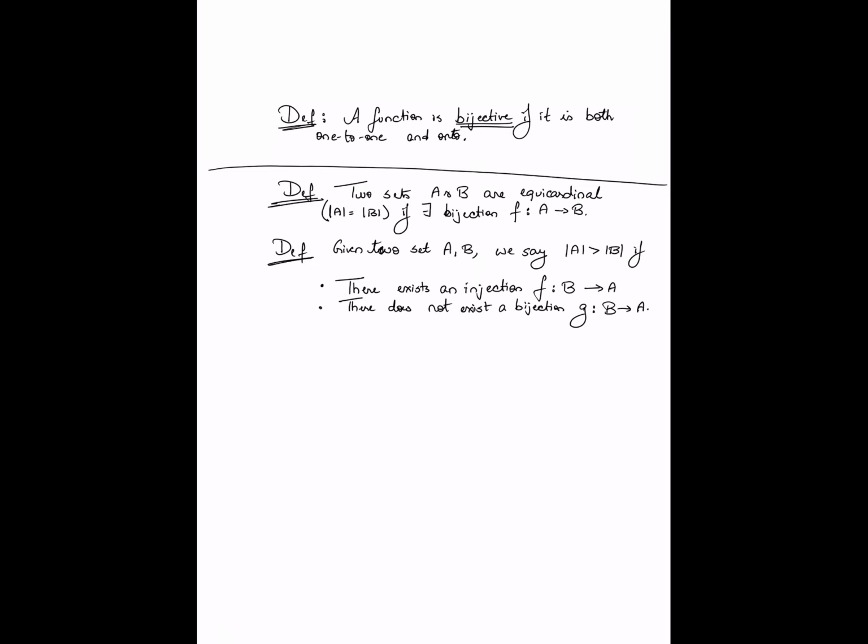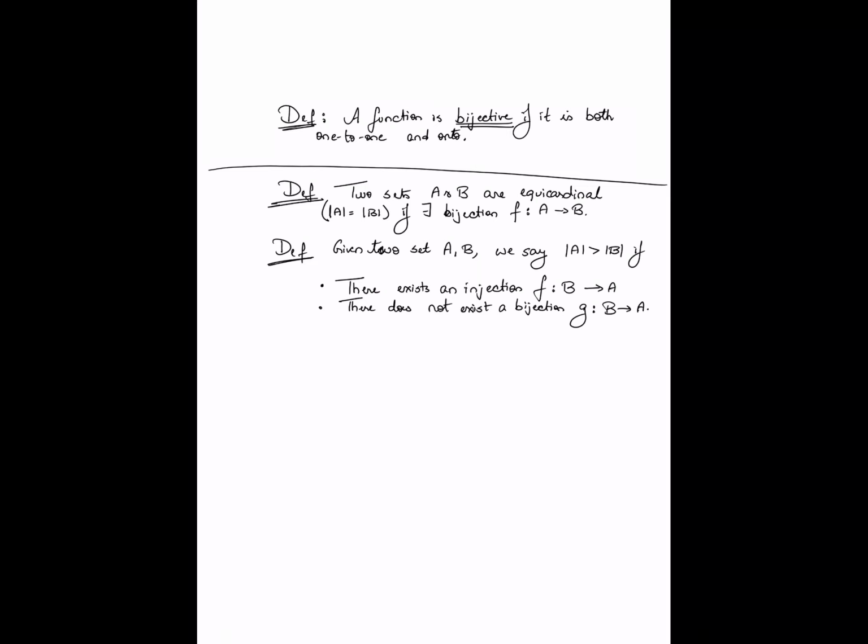Okay. So this is what, according to Cantor, it means for one set A to have a larger cardinality than another set B. By definition, A has a larger cardinality than B if from B to A you can define an injection, but it is not possible to define a bijection from B to A.